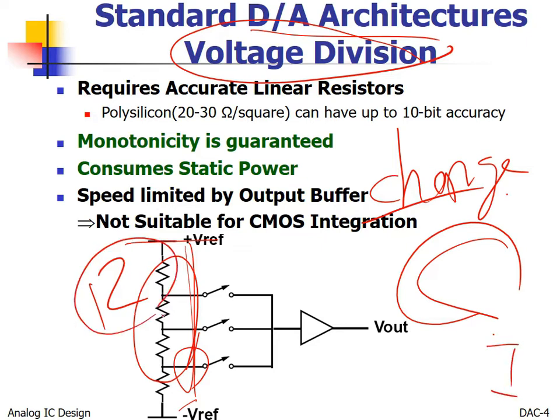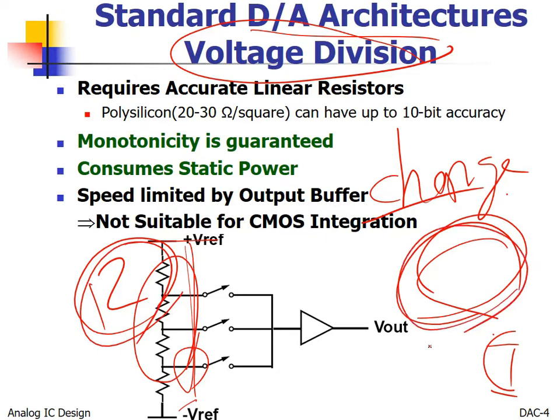So resistor, capacitor, or current sources. That is three kinds. This is power wasting. That one doesn't consume any kind of static power, but with low operation speed. And for this one, it can provide the highest operation speed, but it will consume the most power.